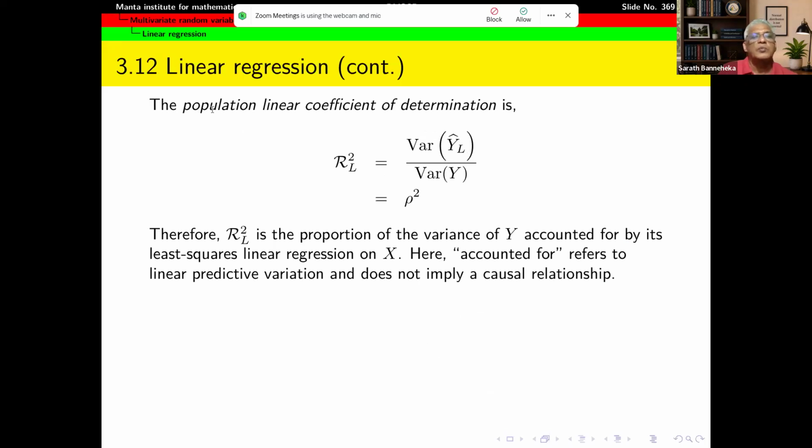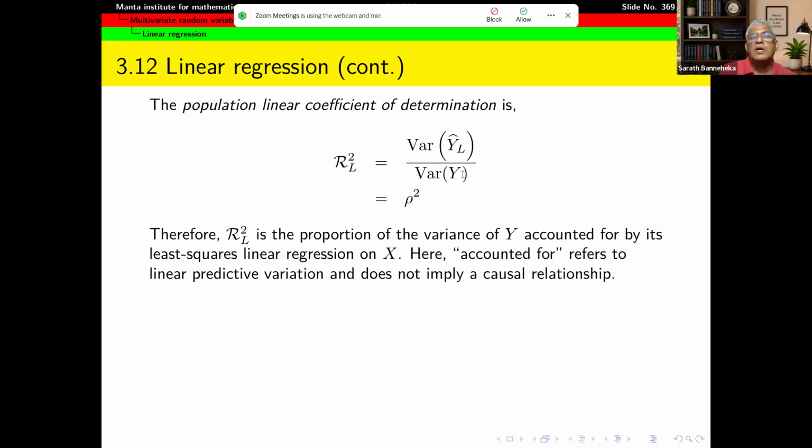This quantity is called the population linear coefficient of determination. That is the ratio of explained variation divided by the total variation. This is the variation of y explained by the least squares regression.